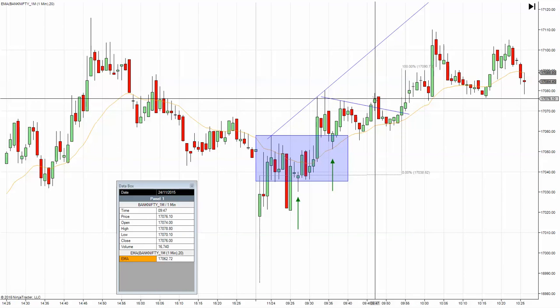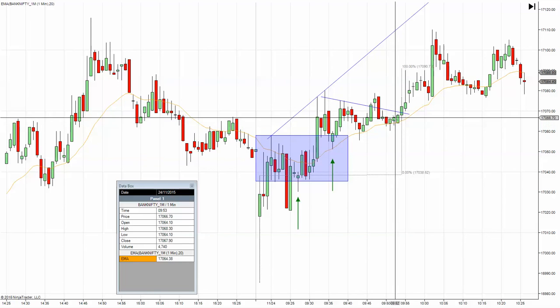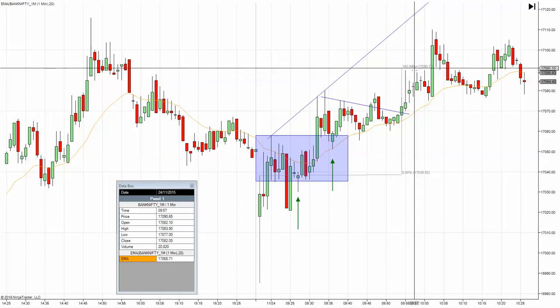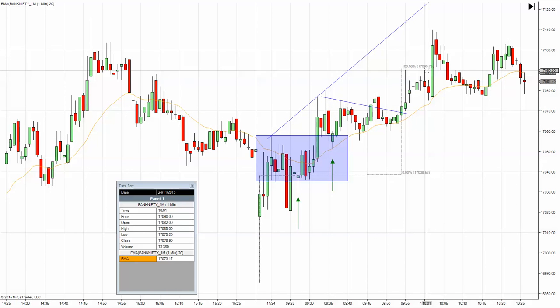It broke out of that triangle, came back to the moving average, found support, and prices went up, right? So if you got long about this bar, which is breakout pullback trade 17060, it will be somewhere around 17090 here, which is where you'll get your 30 points profit, right?